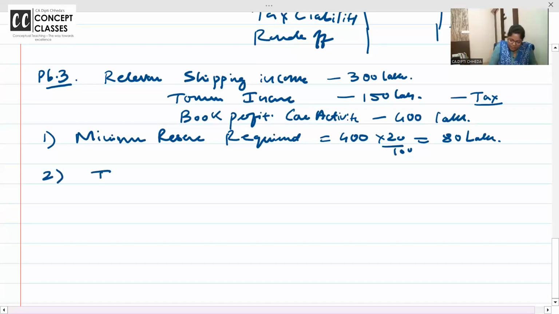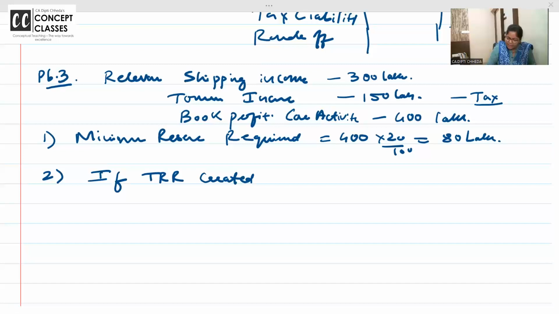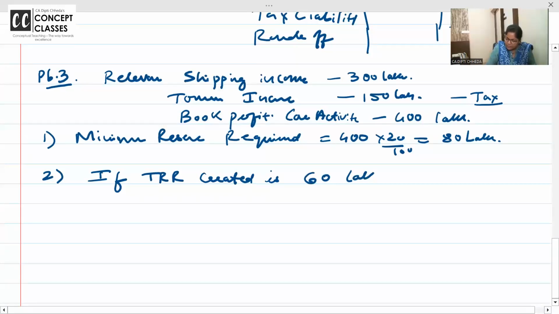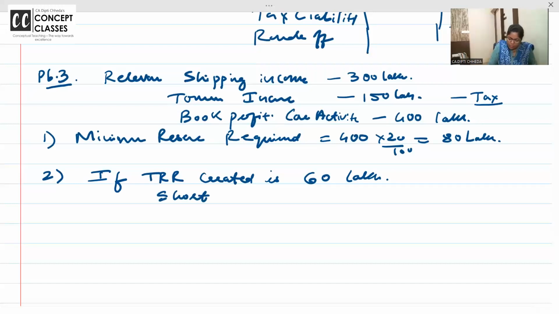Okay. If TRR created is say 60 lakhs, जबकि कितना create करना था? 80 lakhs. तो shortfall कितना है in TRR? 80 minus 60.